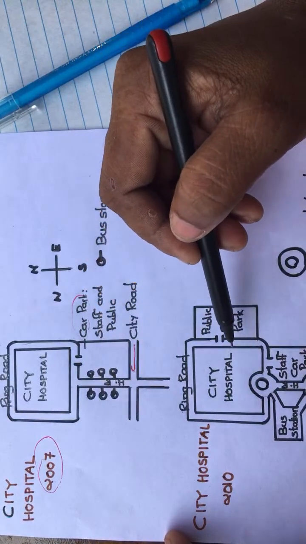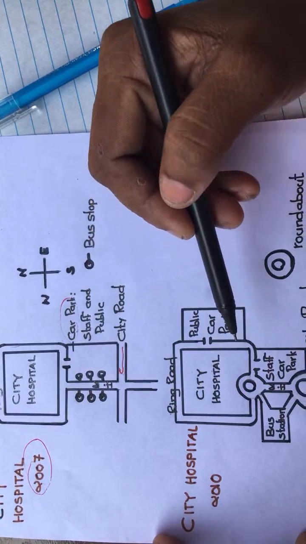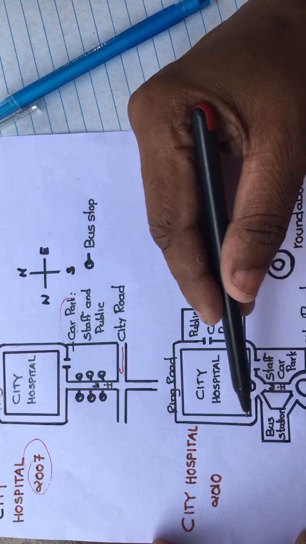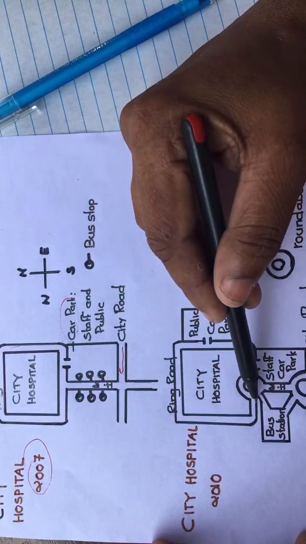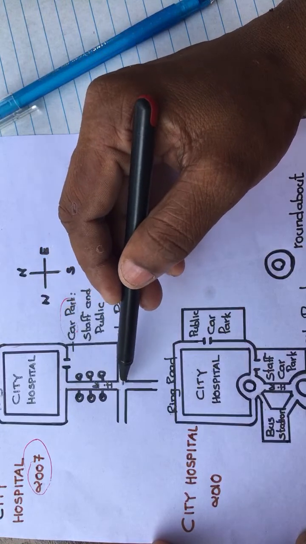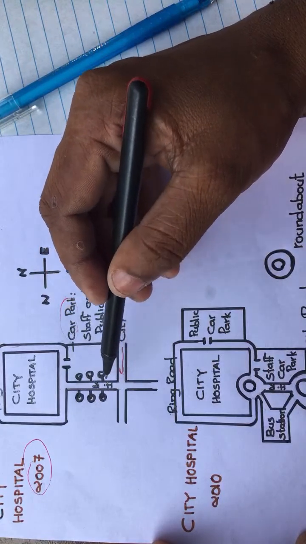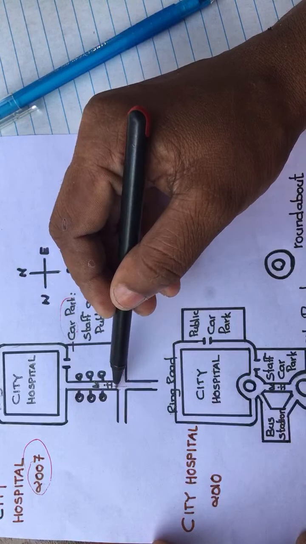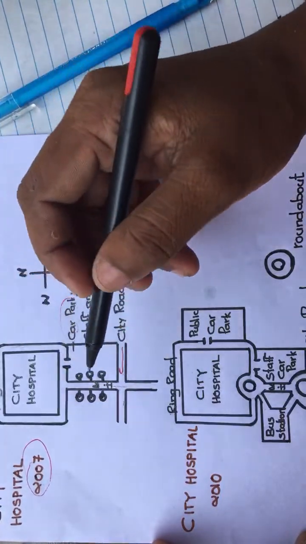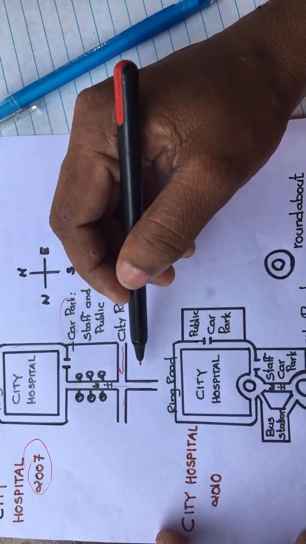However, in your 2010 diagram, this was changed to an expansive bus station instead of 6 bus stops. Got it? And after that, there were junctions, and there is limited access, like you can go either this way or that way. That's it. There is no flexibility in your public transport.